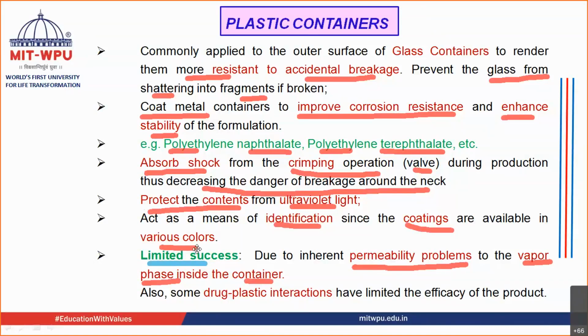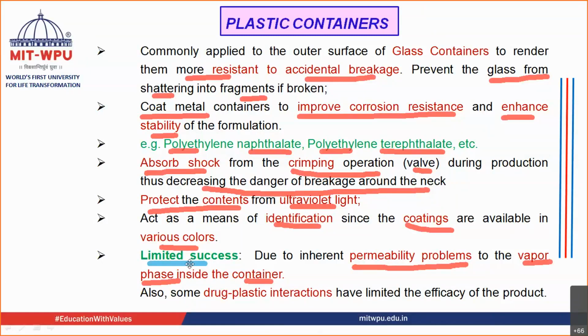You will see that the containers are basically made up of either glass or metals, and the metals from inside may be coated by plastic, and the glass containers from outside may be coated by plastic. That is what you usually see when you look at the packing of aerosols. So as I said, these plastic containers have very limited success.